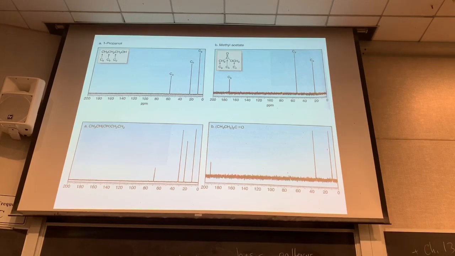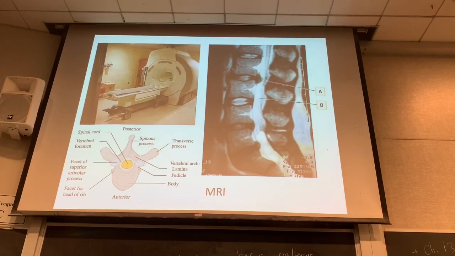The 2 methylenes resonate at the same spot, the 2 methyls at the same spot. So how many total carbons do we have here? Right, just 3. 1 for the methyls, 1 for the methylenes, and then 1 for the carbonyl. So keep in mind symmetry. Sometimes that comes up in problems and can be kind of tricky to see.